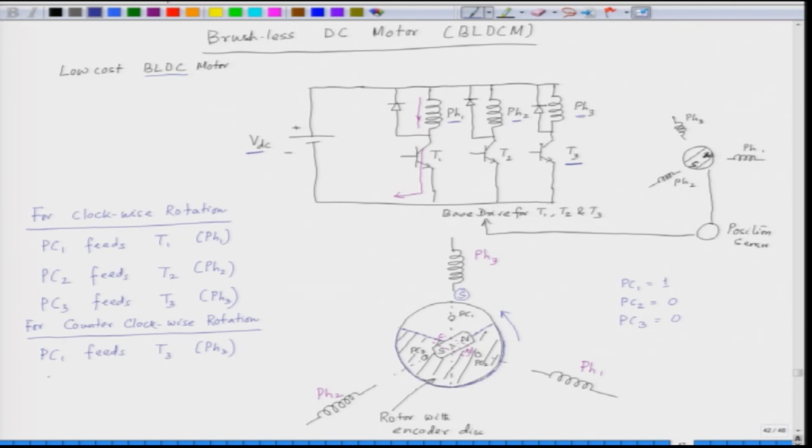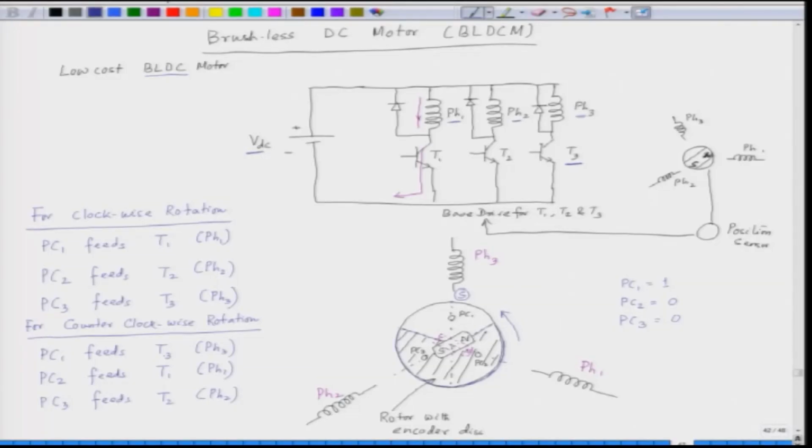Similarly, we can see here that PC2 has to feed T1, which is the phase 1, and PC3 has to feed T2 or phase 2. So, for counterclockwise rotation, we have to change the connection.